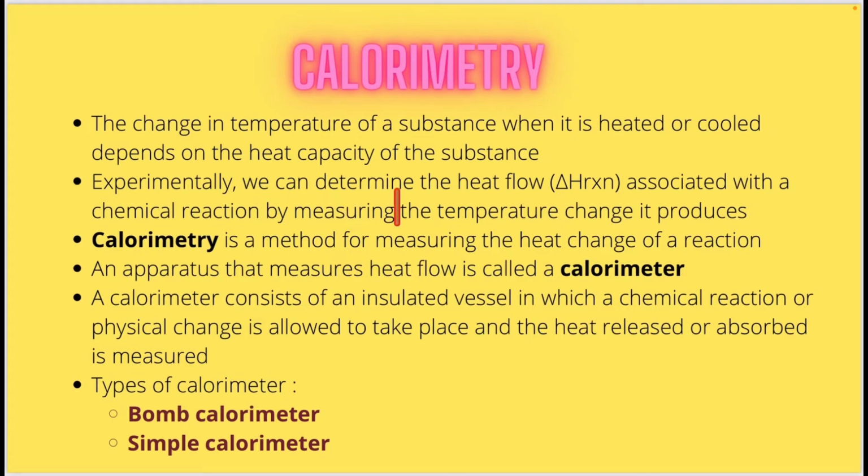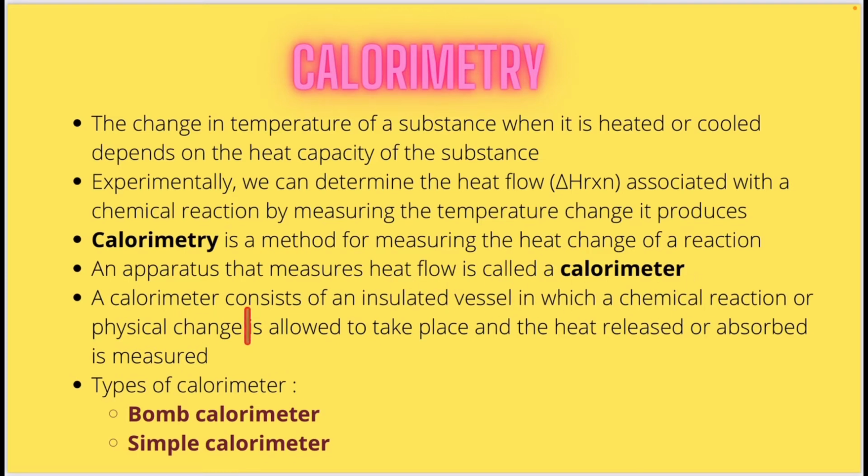Experimentally, we can determine the heat flow associated with a chemical reaction by measuring the temperature change it produces. Calorimetry is a method for measuring the heat change of a reaction. An apparatus that measures heat flow is called a calorimeter.